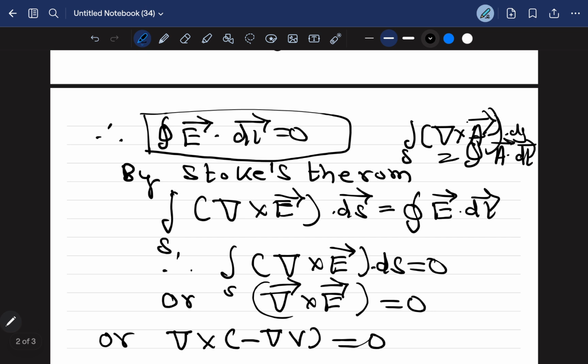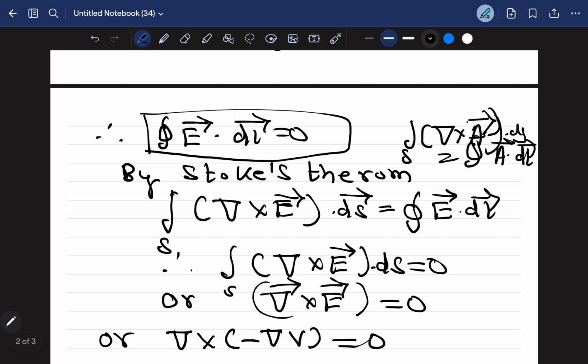Where A is a vector, the curl of any vector integrated over a surface is equal to the line integral, or closed integral, of that vector along the closed path. So we can say the surface integral of del cross E dot ds equals the closed integration of E dot dl.